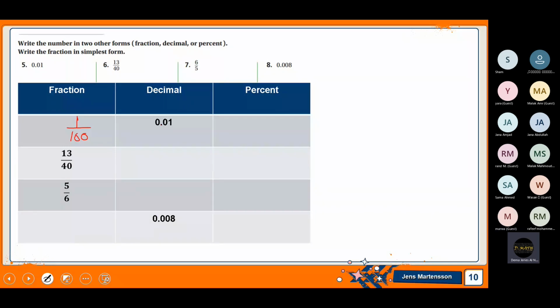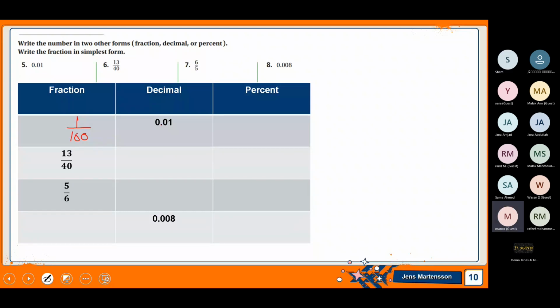How do you write it as a percent? Repeat, teacher. 1 over 100. How do you write it as a percent? Wait, because I am writing in the book.